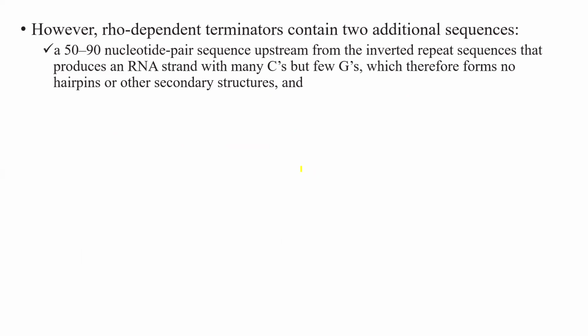But what next? However, rho-dependent terminators contain two additional sequences. A 50 to 90 nucleotide sequence, which is upstream from the inverted repeats which give rise to the hairpin.